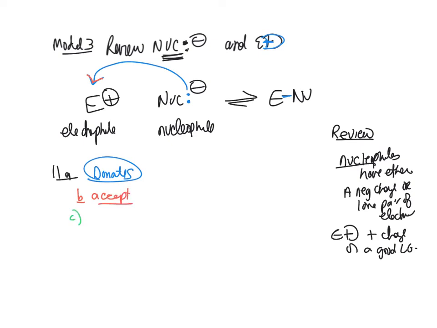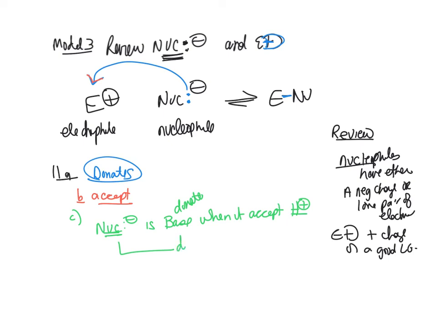C. Compare the reaction in Model 3 to reaction in Model 1. What is the same between a nucleophile and a base, and what's the difference? Okay, a nucleophile is a base when it accepts a proton, because a base will donate electrons to the proton.